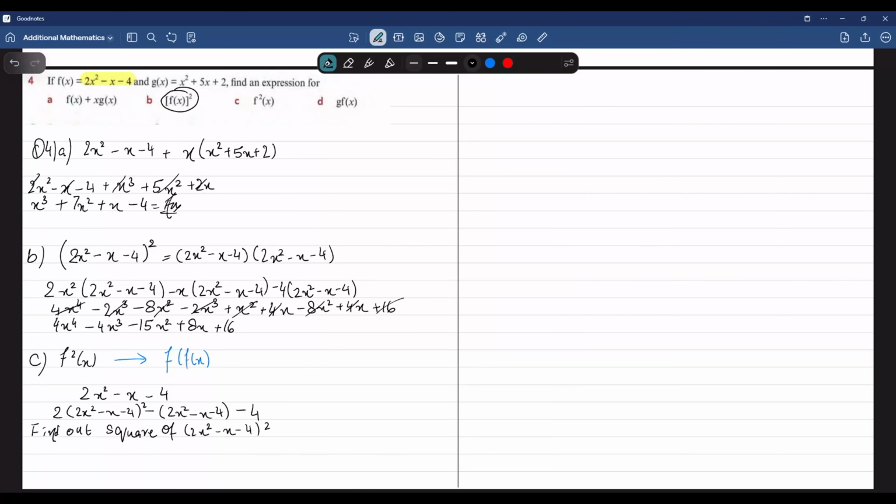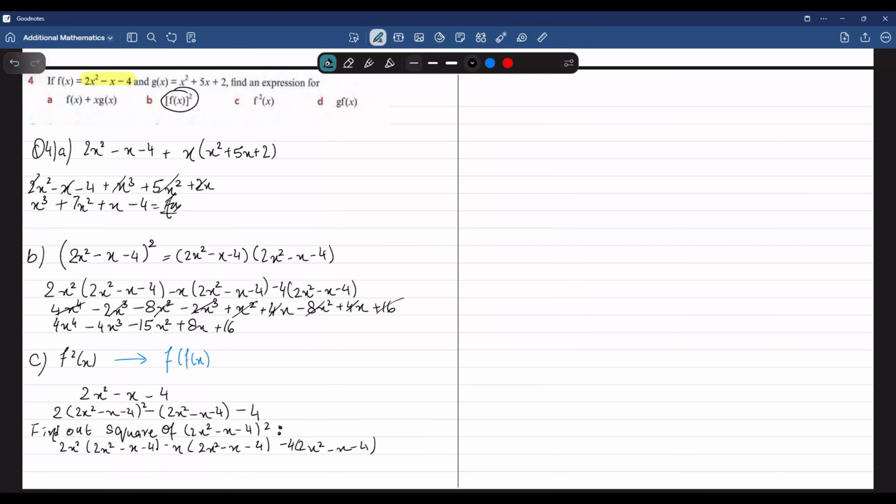You can just solve directly as it is, but I'm first going to individually find out 2x squared multiplied by 2x squared minus x minus 4, minus x multiplied by 2x squared minus x minus 4, and then minus 4 multiplied by 2x squared minus x minus 4.